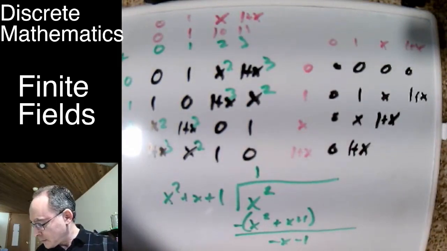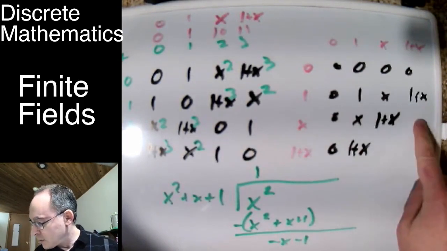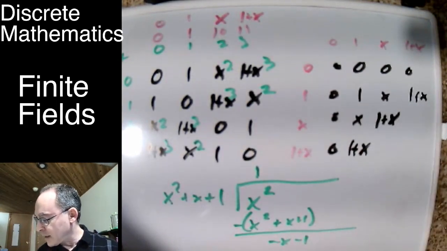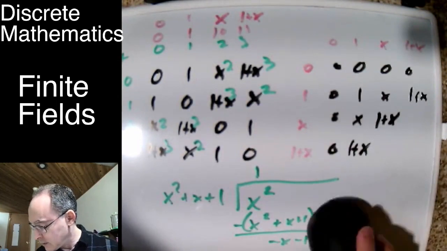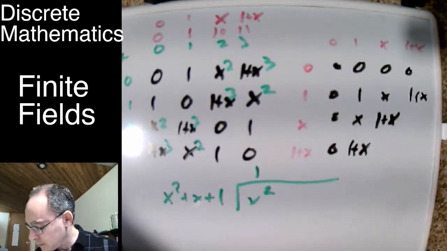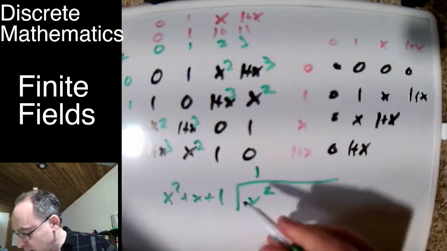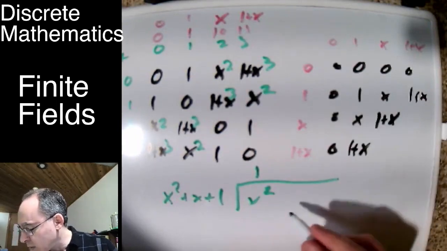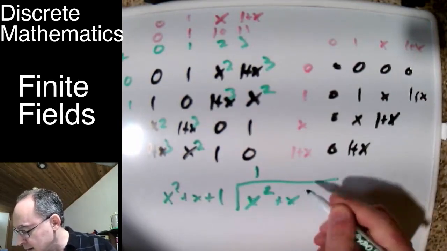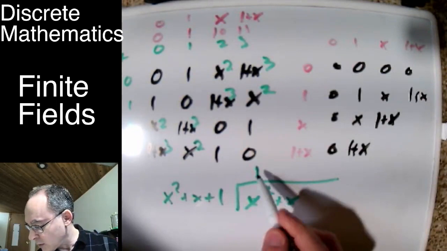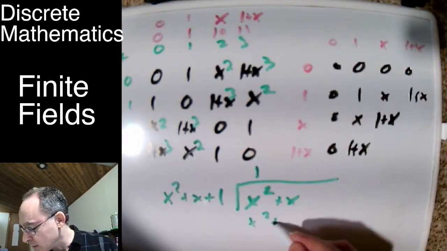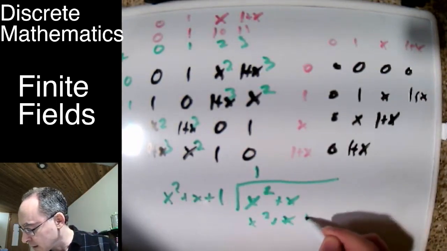Similarly, if I want to do the next entry of the table, I just need to look at x times 1 plus x and do the same division. So here I have x times 1 plus x is x squared plus x. It's going to look pretty similar. I'm just going to have 1, but here my remainder is a little different. Just x plus 1.